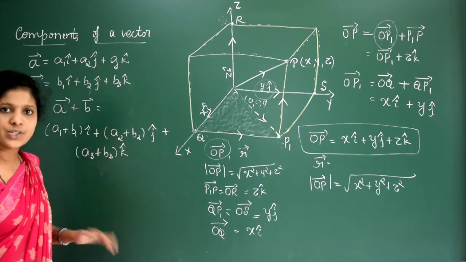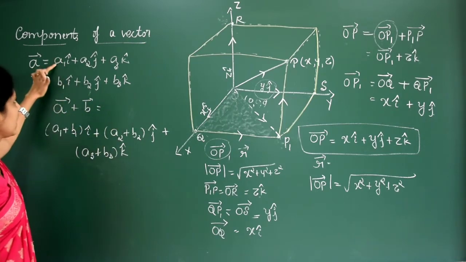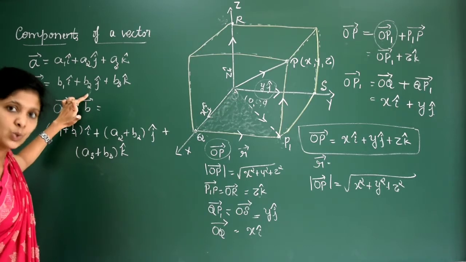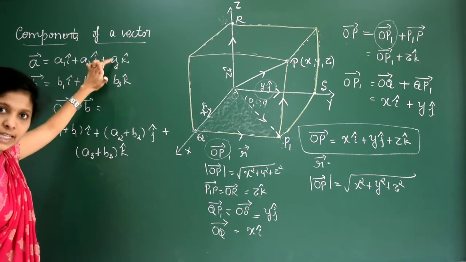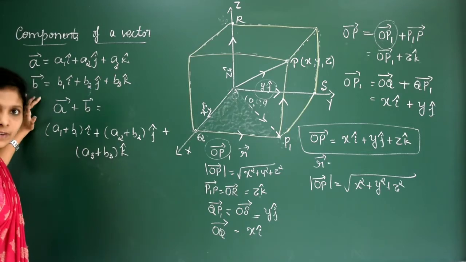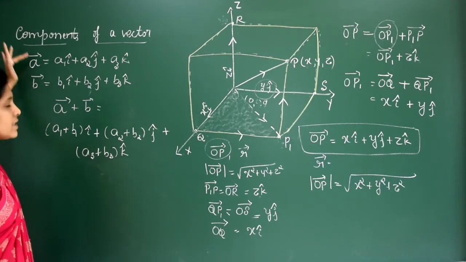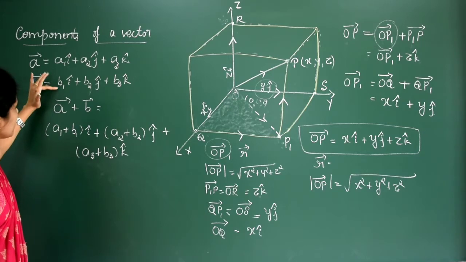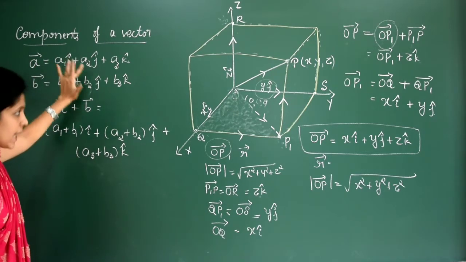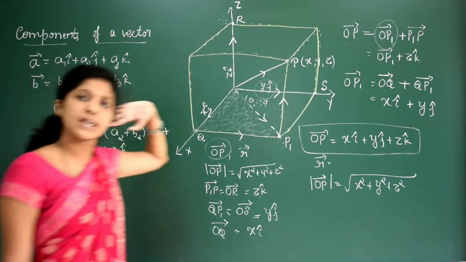This is about addition. Subtraction is also similar: (A1 minus B1) i cap plus (A2 minus B2) j cap plus (A3 minus B3) k cap. That is A vector minus B vector. If you want to find B vector minus A vector, then it will be (B1 minus A1) i cap, (B2 minus A2) j cap and (B3 minus A3) k cap.